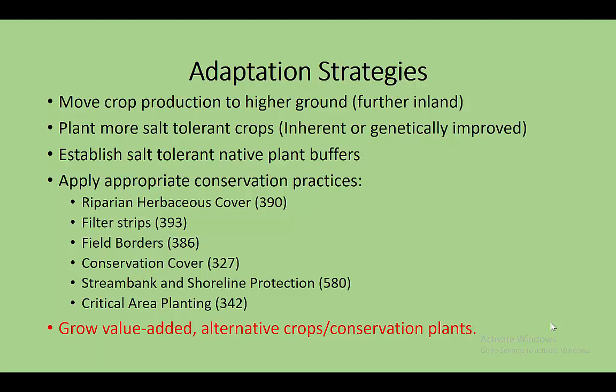The other thing we can do in our plant materials program is tighten up the recommendations and make sure there are species in these conservation practices that are options, with some diverse recommendations for salt-tolerant species, which again we need to make some improvements on. Some of these conservation practice standards have limited guidelines for using salt-tolerant plants, but we can definitely improve on those recommendations, and we will be.